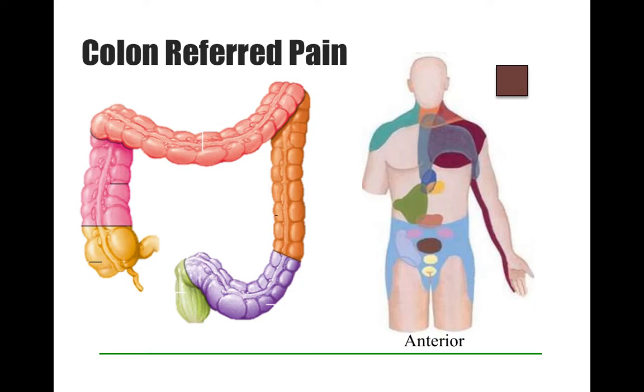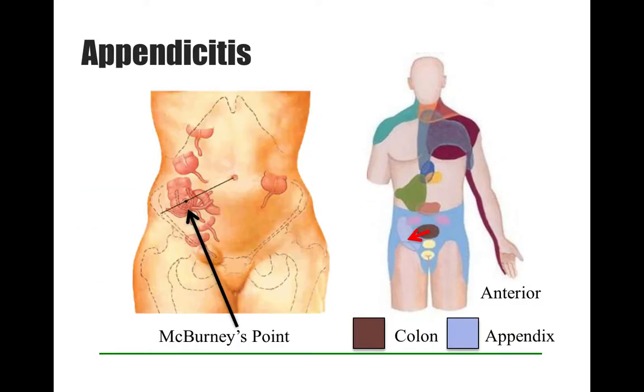Now what can happen is with appendicitis, you can see the variability in the positioning of the appendix itself. But typically what you'll see is some rebound tenderness at McBurney's point right there. But what will happen is that the pain will move depending on if it just started or if it actually inflamed the parietal peritoneum right there.